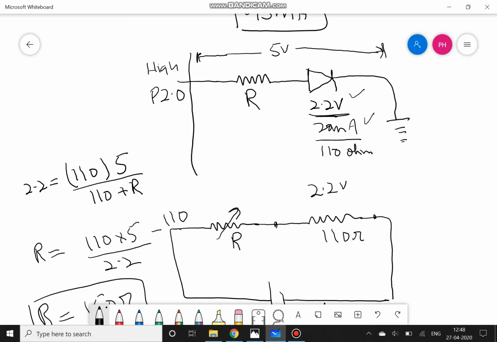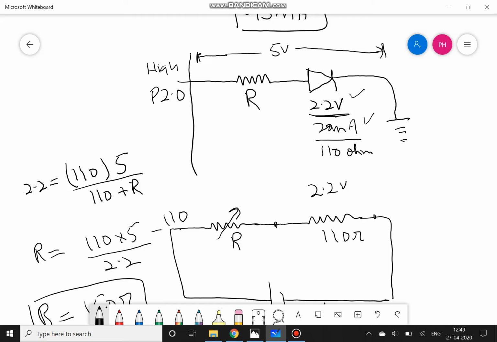So interfacing an LED is very easy. We just have to connect a current limiting resistor in series, and the value of this resistor will depend on the operating voltage and operating current of the LED. These depend upon the color and diameter of the LED, and we can always get them from the specification sheet of that LED.